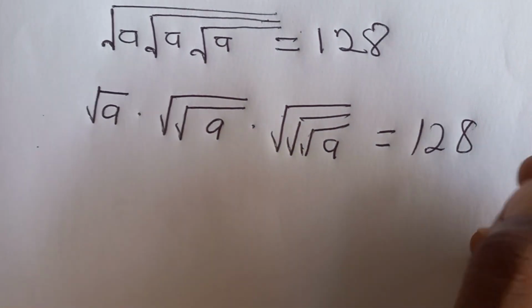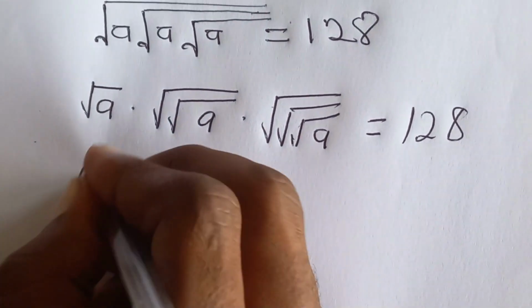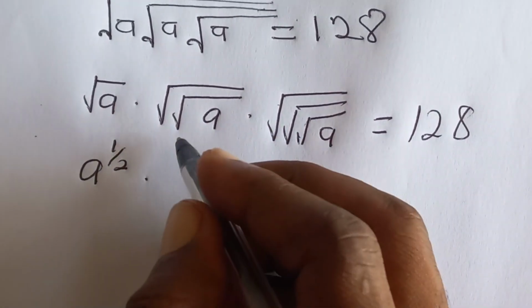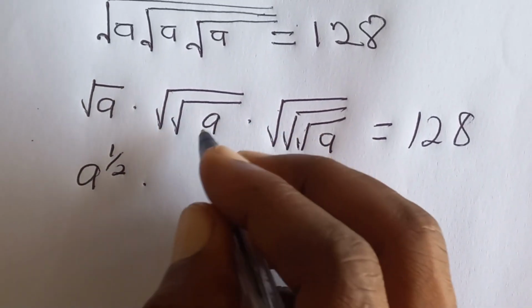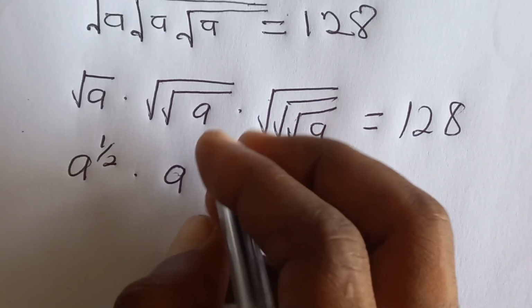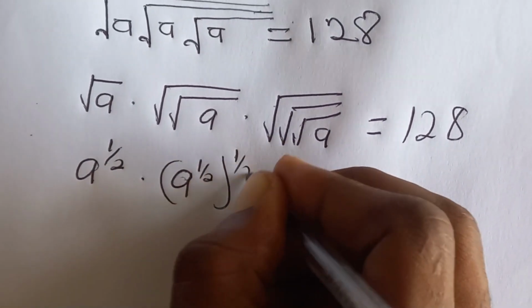Now we know that the square root of A is the same as A power half. Multiplied by this one, which is the square root of the square root of A, so it's going to be A power half, bracket, power half.